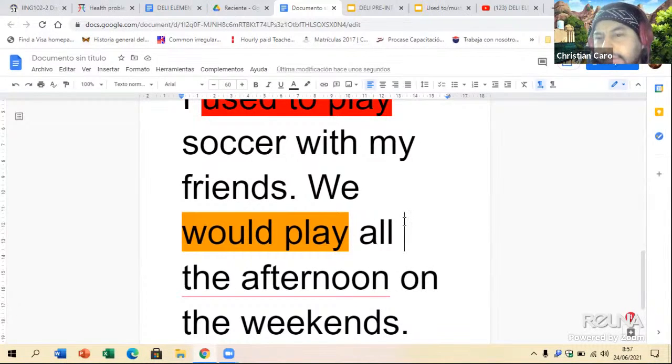And we can use would for the past only for past habits and activities that you don't do anymore. But it's normally in this context. It's a complementary structure together with used to. Okay, I used to play video games, or I used to play Super Nintendo many years ago.